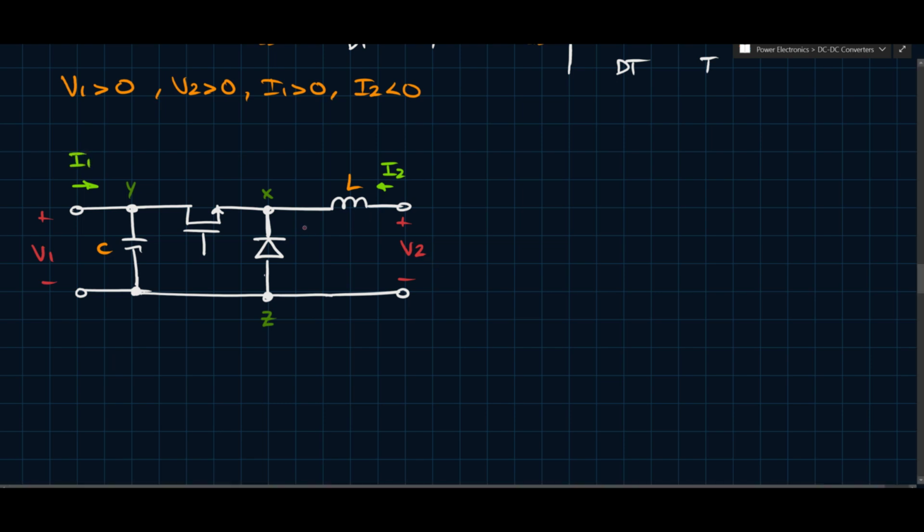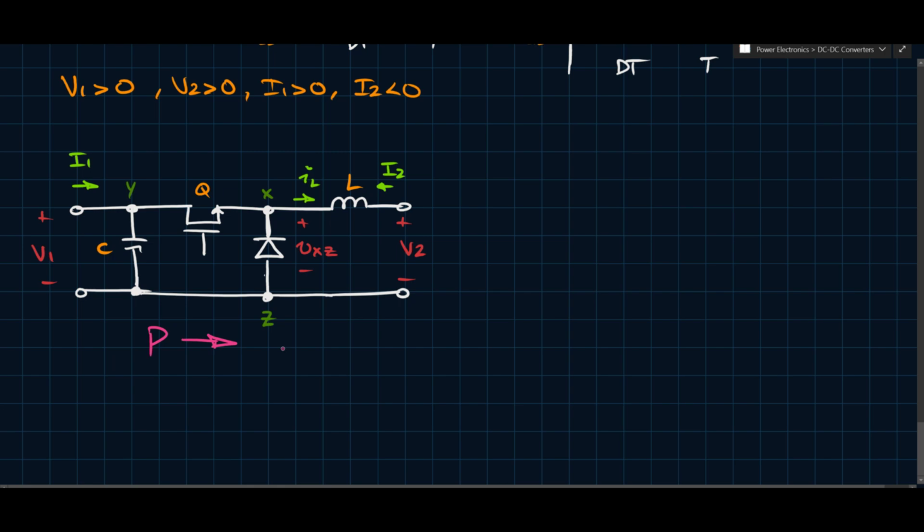And I guess we can also label this here as VXZ if we want. And then you can also label this current here as IL. We can call this Q if we want. I don't want to call this diode D because we use D for the duty ratio, but you can label the diode if you'd like. But the thing to take away here is that the power is going this way.